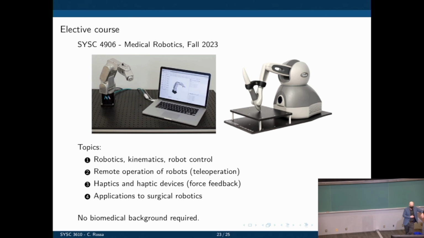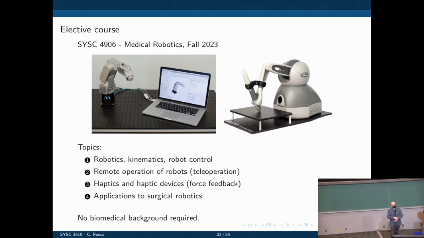So here are some topics you'll see there: robotics, kinematics of robots, how to control them, how to model them, remote operation of robots, how you control a robot remotely using one of these joysticks here, and haptics and haptic devices, how you use these joysticks to control the robot and at the same time feel the forces the robot is doing on the virtual environment or the environment is operating on. And then there will be applications to surgical robotics throughout the class. But again, you don't need any biomedical background to take this.